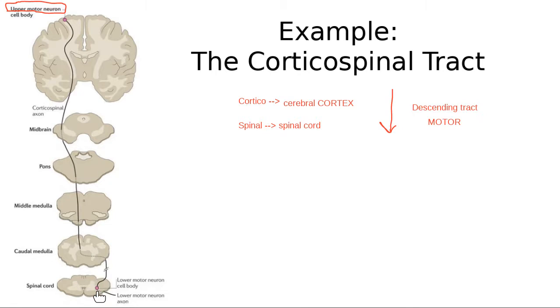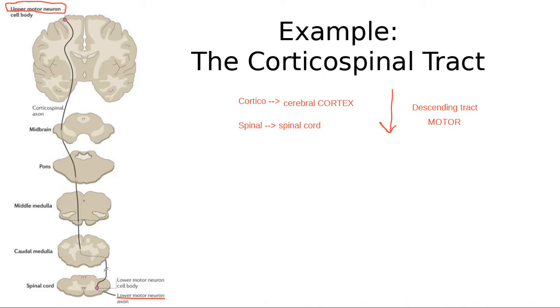When we get to the part of the body where we're ready to cause an action to happen, so we're trying to click our mouse, for example, we would get to the level of the spinal cord where we have the motor neurons that talk to your arm muscles. At that point, my upper motor neuron would synapse with my lower motor neuron. The lower motor neuron leaves the spinal cord and goes out to the body to talk to muscles.